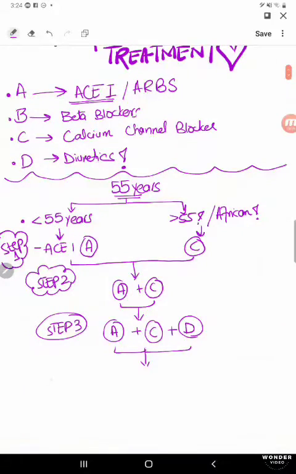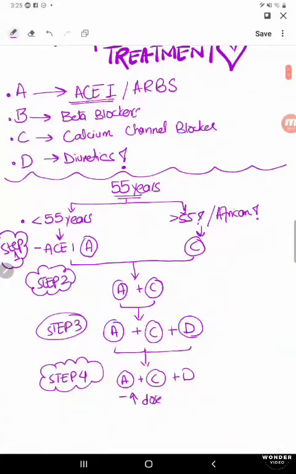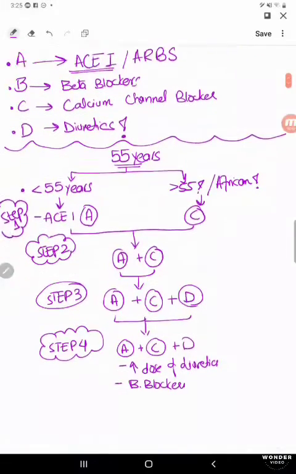And what if it's still not getting controlled? First you will try to increase the dose of diuretics, and if still no help whatsoever, then you can consider giving beta blockers.